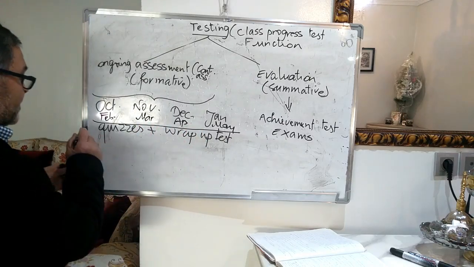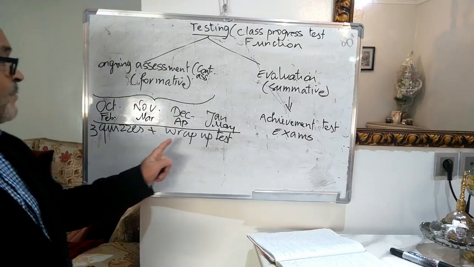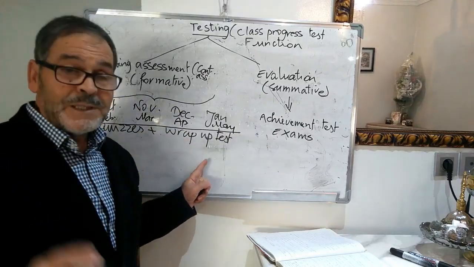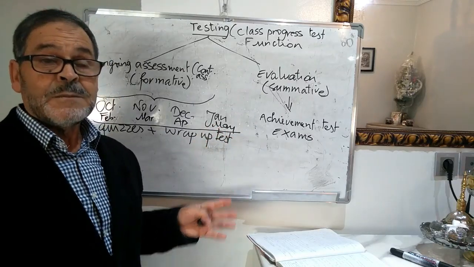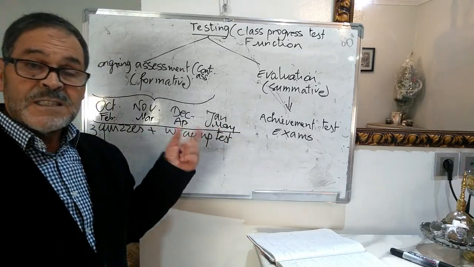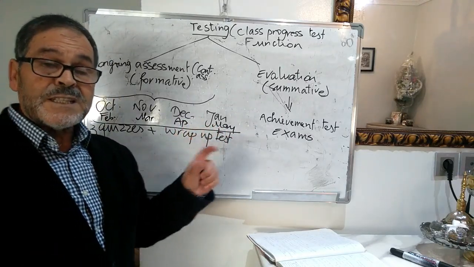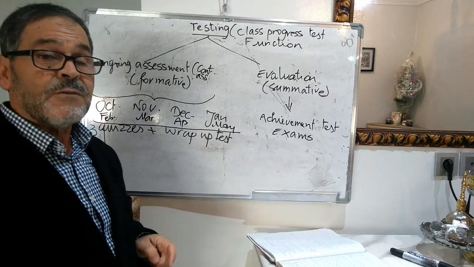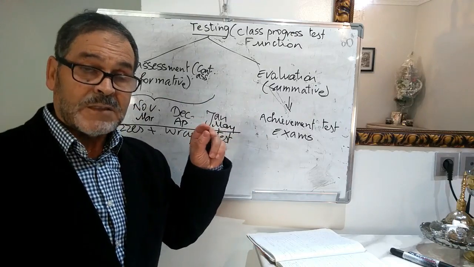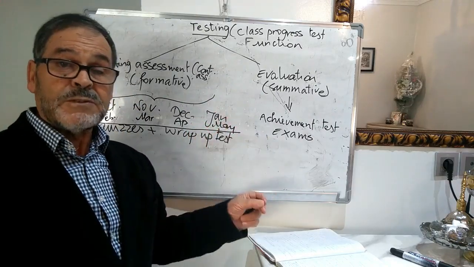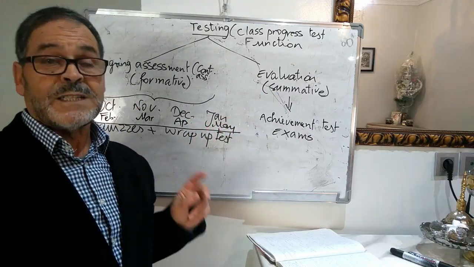You can have 3 quizzes here, plus wrap-up test or global test with comprehension, language, writing. But quiz is just for 20 minutes, for 30 minutes. We focus just on one element, either grammatical structures or vocabulary or reading or writing.